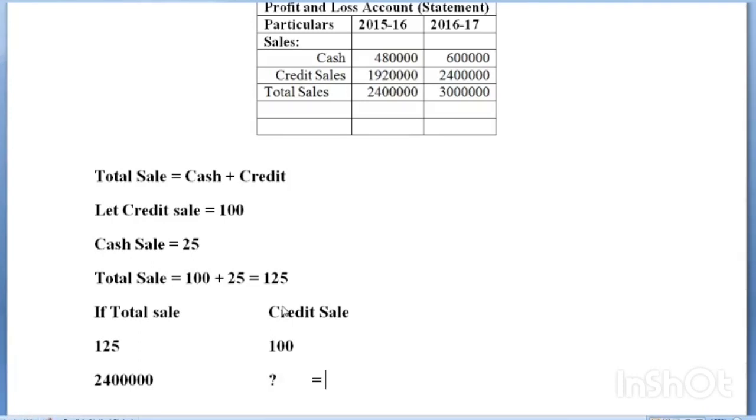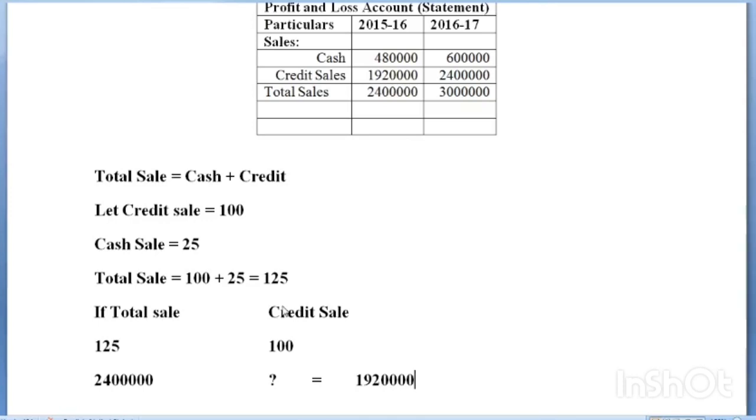Can you calculate the answer? Your answer is 19 lakh 20,000. So this is your credit sale. If you have the credit sale, you can get the cash sale by subtracting it, or you can put the proportion also: 125 to 25, then 24 lakh to how much? You will get 4 lakh 80,000. In the same way, you calculate for 2016-17.